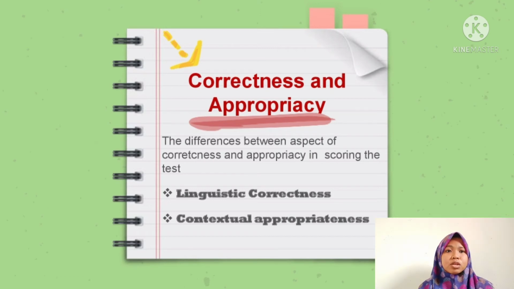And the intonation of the way we voice a sentence. If we talk about contextual appropriateness, it means the scoring criteria is determined by the context where we use the skill. For example, in speaking, here I give you an example of a specific expression: addressing someone.